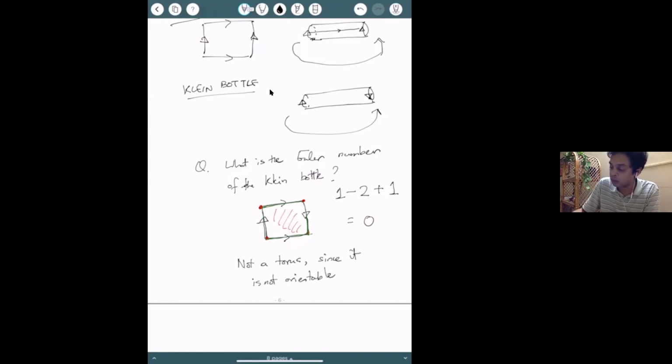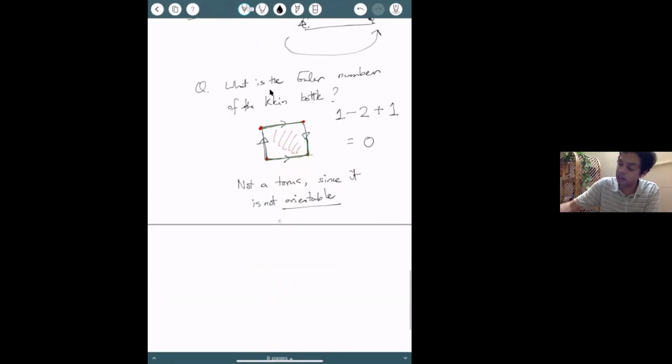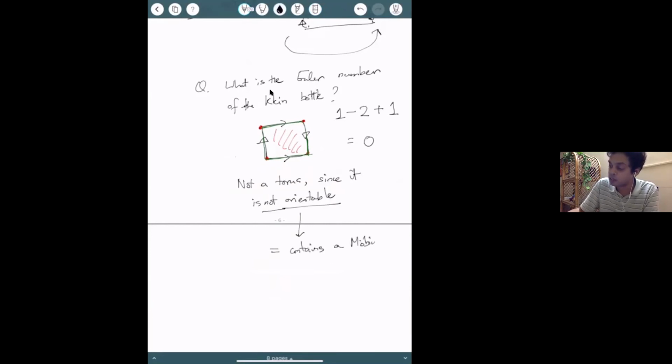Okay, and I'll send another video link on what this orientability means. It just means that not orientable means it contains an embedded Mobius strip, which we already saw. For a torus, it doesn't. So it contains a Mobius strip.